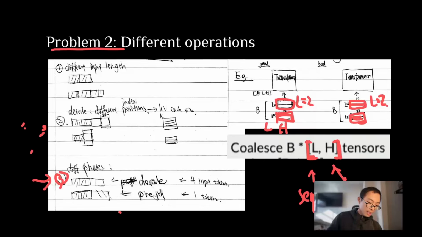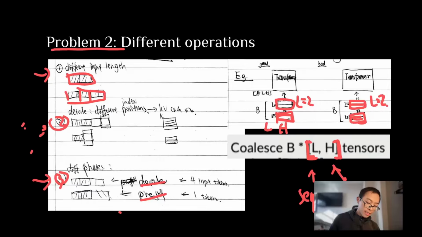Therefore, decode and prefill definitely cannot fit together. What if all of them are prefill? If the prefill lengths are different, we can't batch them together because L is different.